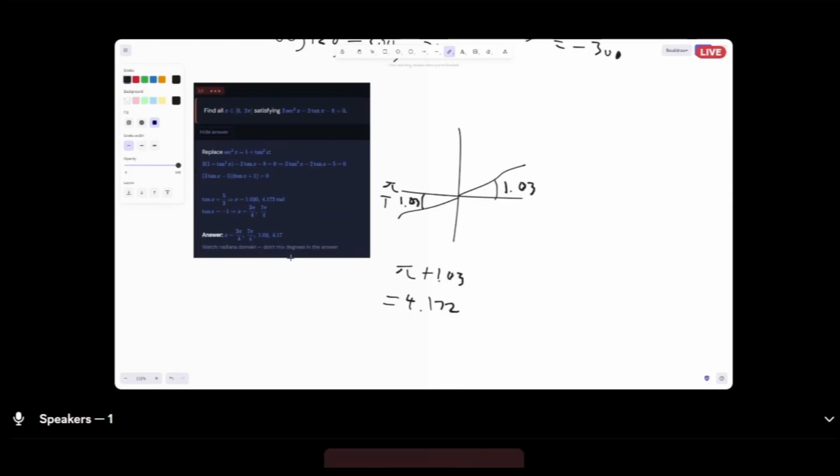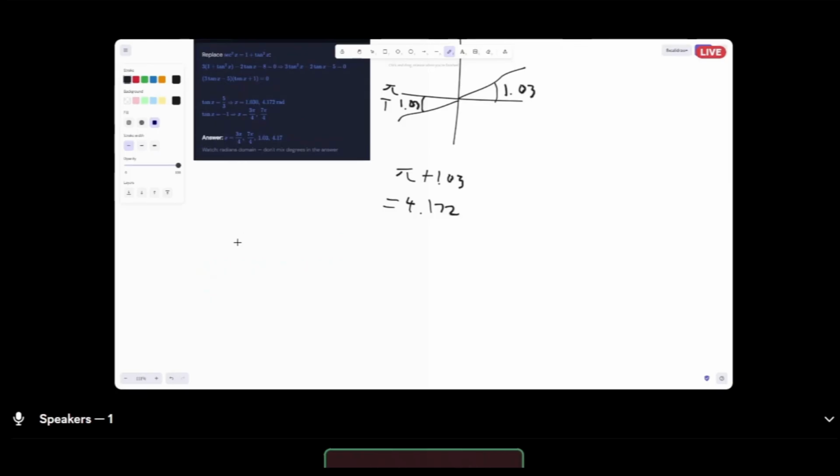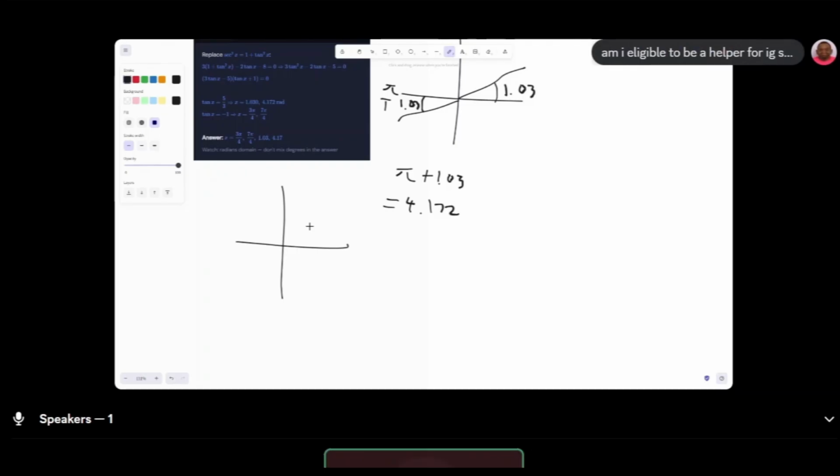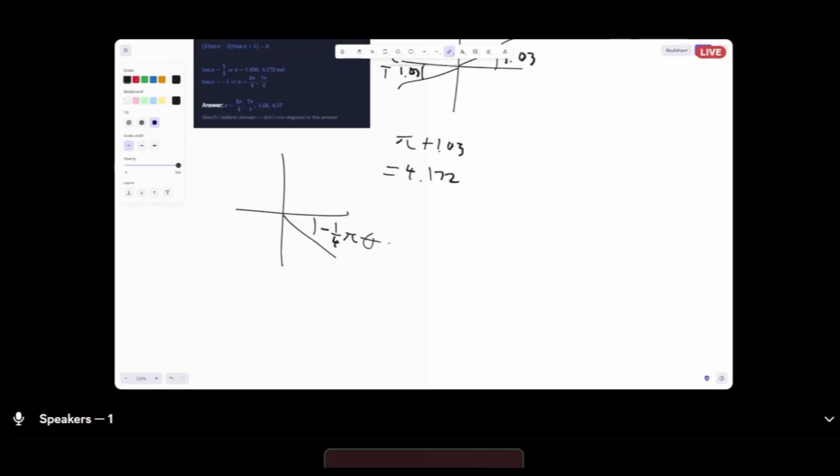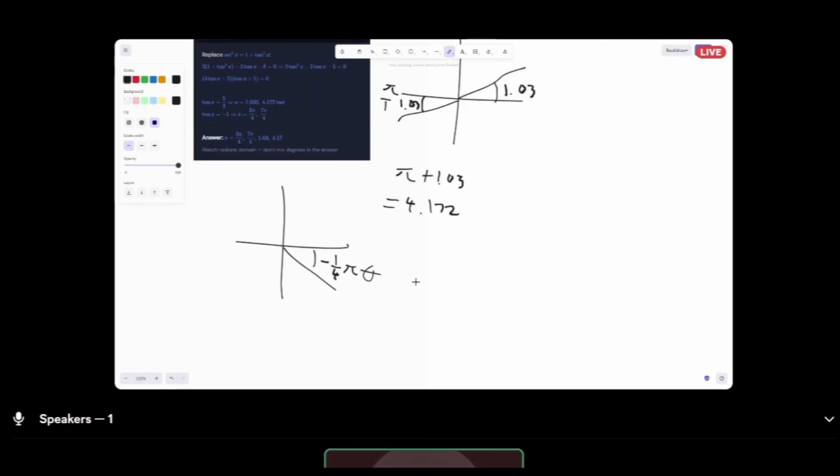After that, tan x equals negative 1. I'm just going to draw a new one. Inverse tan of negative 1 is negative 1 over 4 pi. My bad, this is your principal value, it's what you work with.